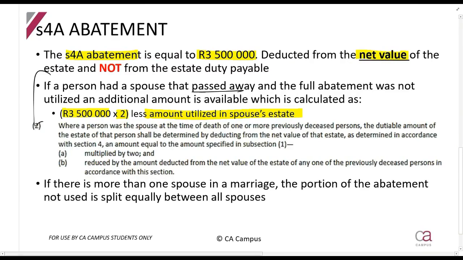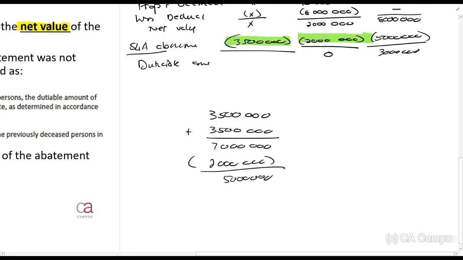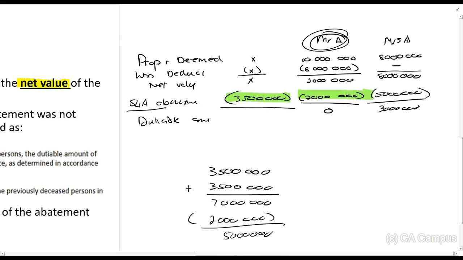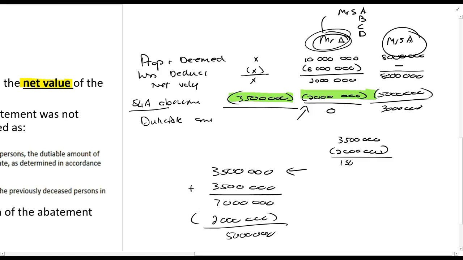Right, then, if there was more than one spouse in a marriage, the portion of the abatement not used is split equally between all spouses. So let's say Mr. A was married to Mrs. A, Mrs. B, Mrs. C, Mrs. D. 4 people. When Mrs. A now gets hers, it's 3.5 million rands, right? Plus then 3.5 million minus the 2 million rands which Mr. A used, so 1.5 million.